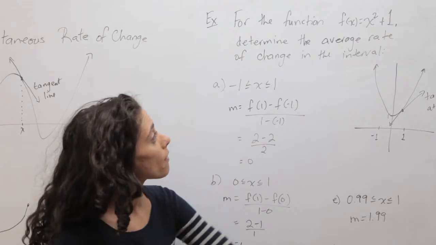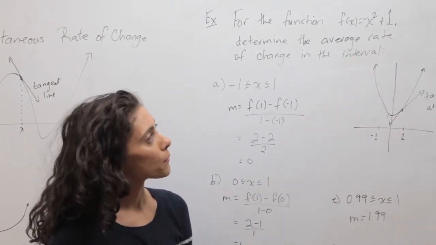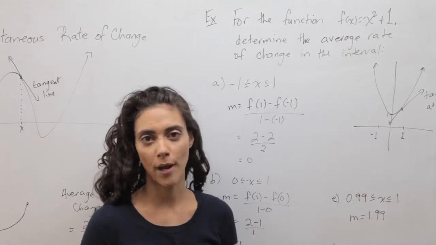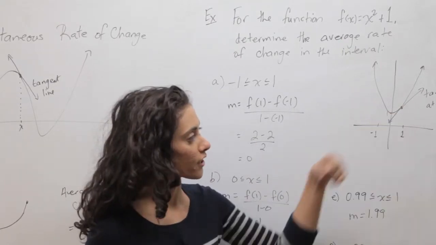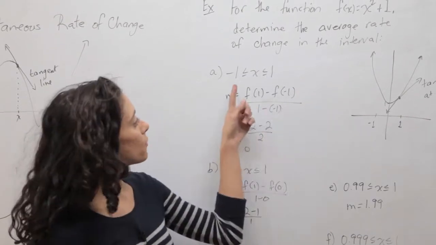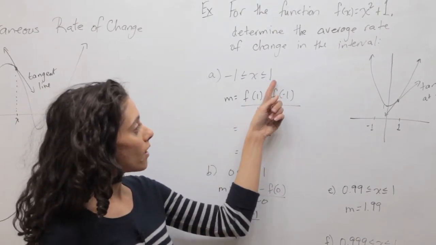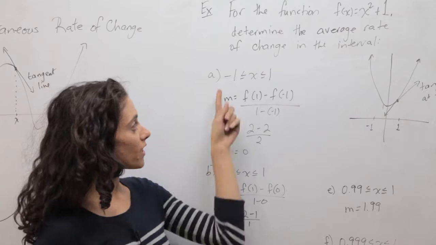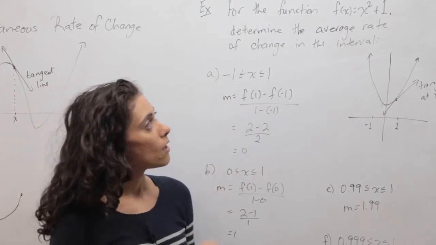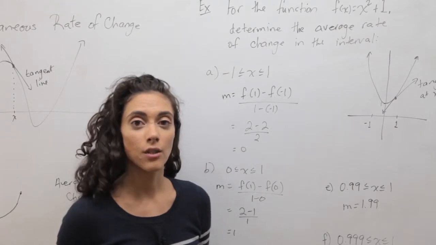So for example, this parabola, y equals x squared plus 1. That's just your base or parent parabola shifted up 1 with a vertex at 1 here. To find an average rate of change, let's say between -1 and 1, we want to evaluate our function at each of those values, find f at 1 and f at -1. If I plug 1 into the function, that's equal to 2.